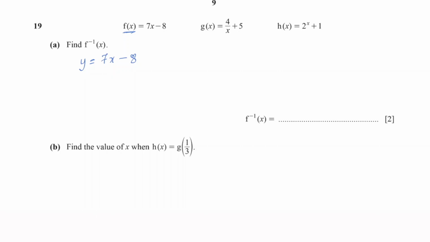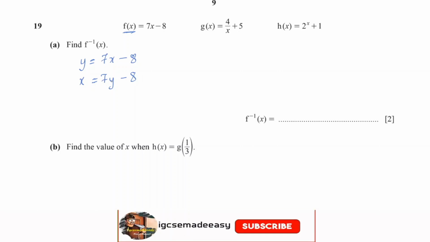Only in the case of f inverse will we do that. So now the second step: wherever you see y, here it's y, I'll be writing it as x there, and here it is x, I'll be writing it as y, in 7y minus 8. Okay, this is the second step. And the third step is you have to find the value of y.